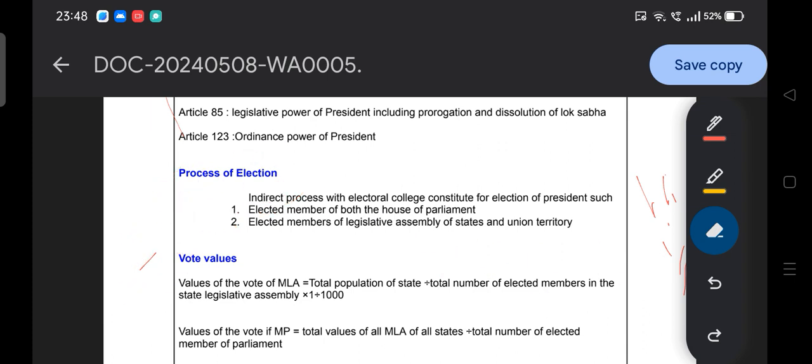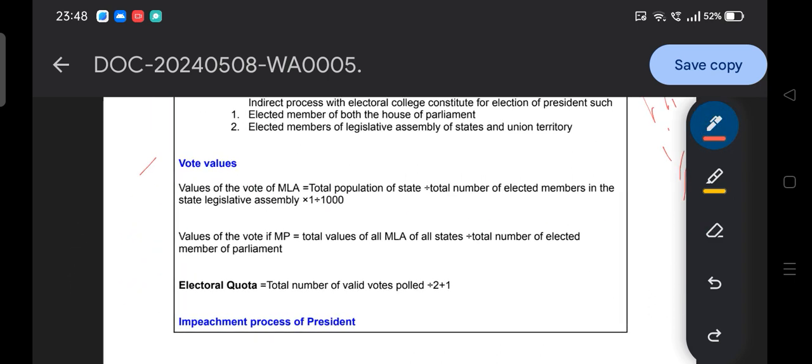Now I am going to quickly take you through the vote value. There are different concepts of vote value regarding the president, the MLA and the MP. If you ask why this kind of mathematical calculation is important for our examination: this is a year of general elections, so they can ask about the value of the vote of an MLA or MP.